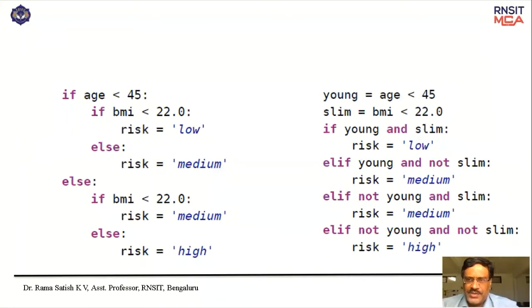And I'm using: if you're young and slim, your heart attack rate is low. If you're young and not slim, medium. If you're not young and if you're slim, medium. If you're not young and not slim, very high. So this is a different style of writing, and I think nobody has done it. That's why I want to show my style of coding it.